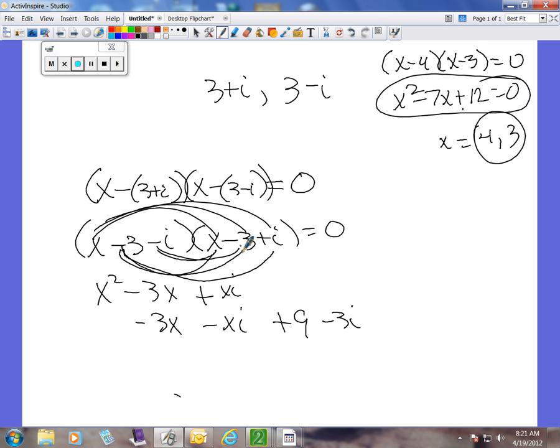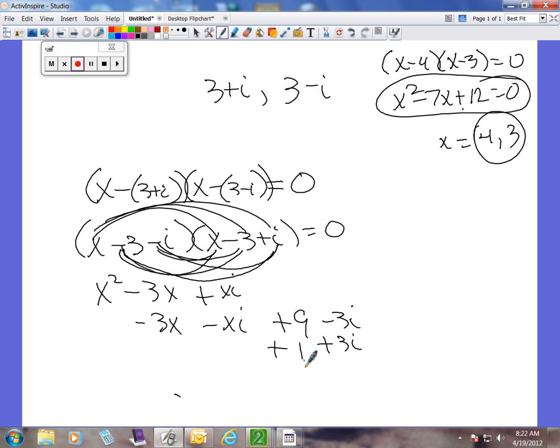See, if we do this correctly, we should get a quadratic equation with no i's in it, which is going to happen. We got one more thing to multiply. Negative i times i would be negative i squared, which would really be positive 1, which would go under the 9.